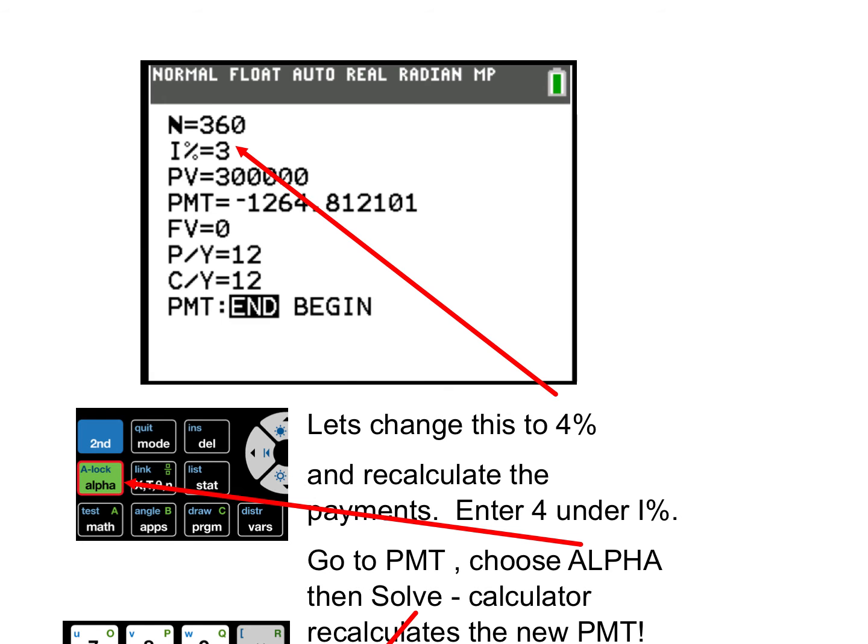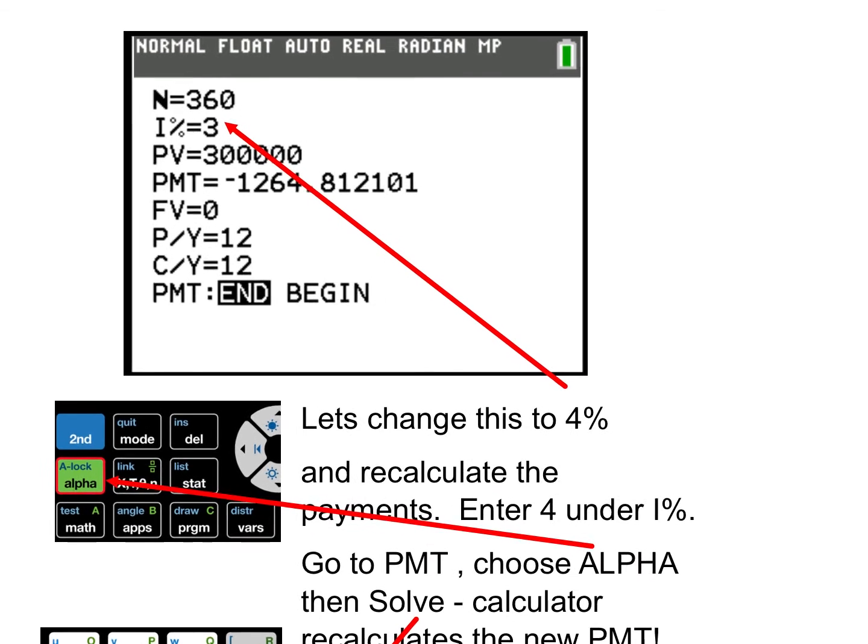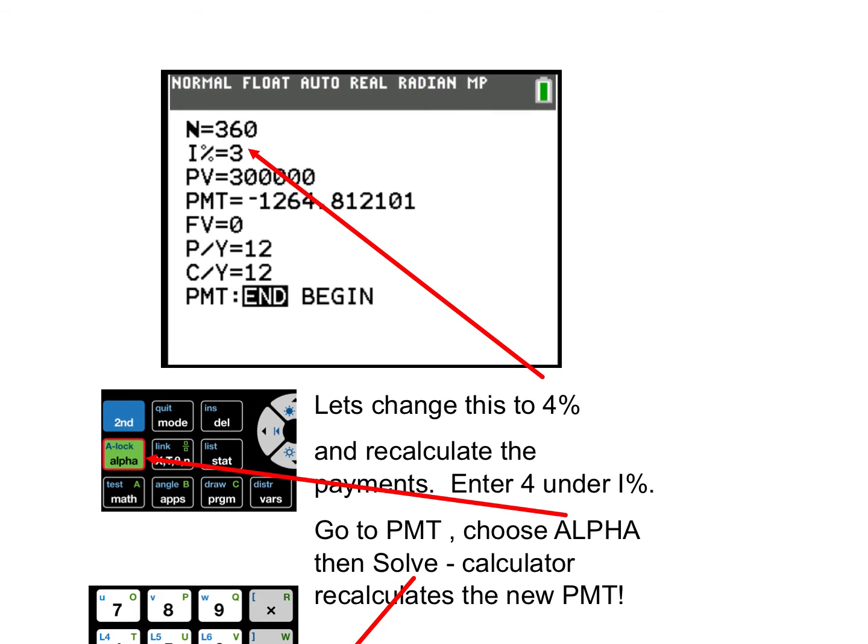All right, so let's move on to the page. This is where we could change and recalculate those payments. All right, so let's actually just show you how we can change things. Let's go to 4% interest right here. We already knew what our payments were at 3% because I had calculated it for you, and it was on the screen. But if we change that to 4, it does not instantly change your payments.